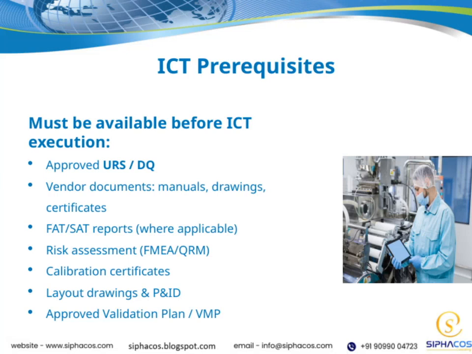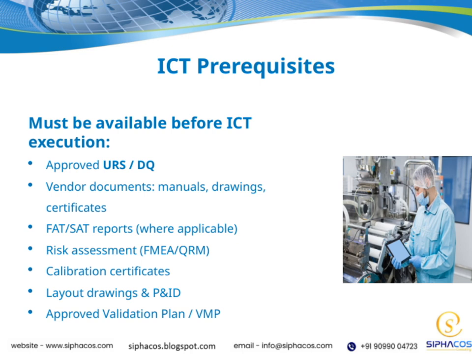Alright, so before we move forward with the ICT execution, there are several key documents and prerequisites we need to have in place. First, we need an approved user requirements specification, or URS, along with the design qualification, DQ, to ensure everything aligns with what's needed. Next, it's crucial to have all vendor documents ready.